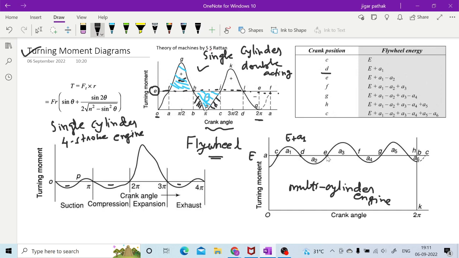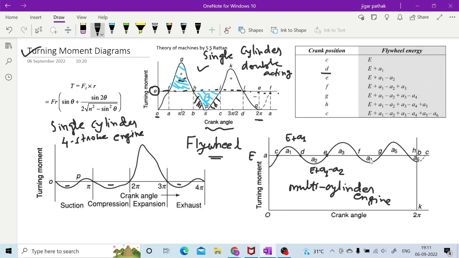When you go to point E, this A2 will be subtracted from this E plus A1, whatever was present at that point D. So it will be E plus A1 minus A2. It will go on like this up to point H, and C will be again the start point of the next cycle.